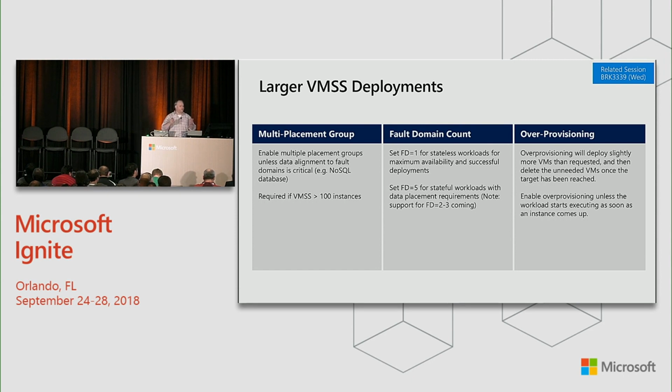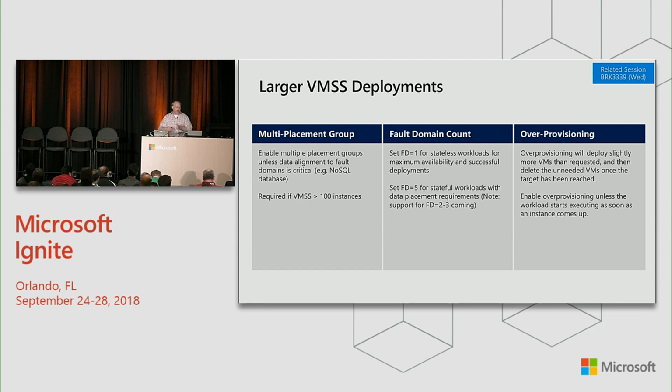In that case, you actually want to use a single placement group, because the fault domains are specific within that single placement group. So if you put in that placement group and you have VMs A, B, and C, and they're in fault domains 1, 2, and 3, you know that machine A and B are not on the same rack. They're not going to have a single point of failure.